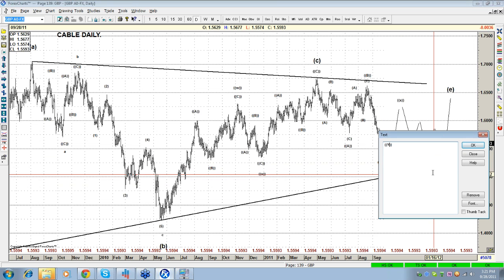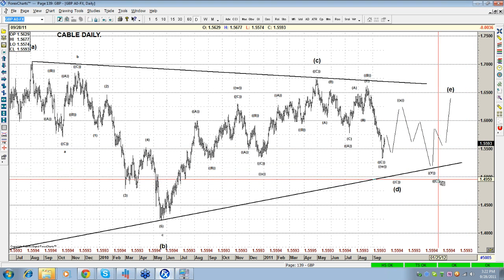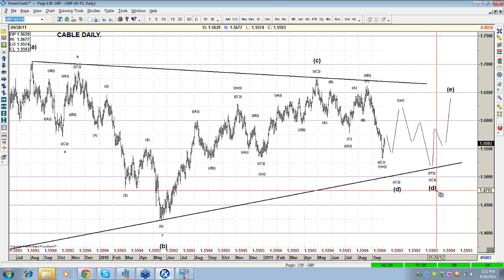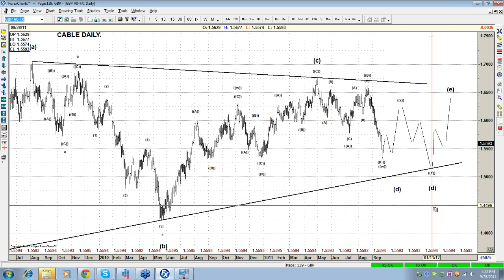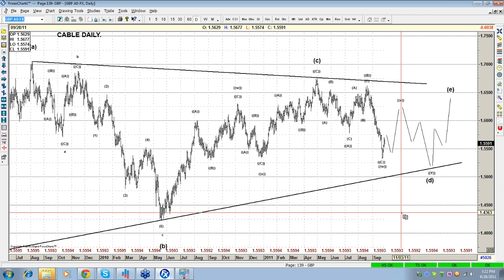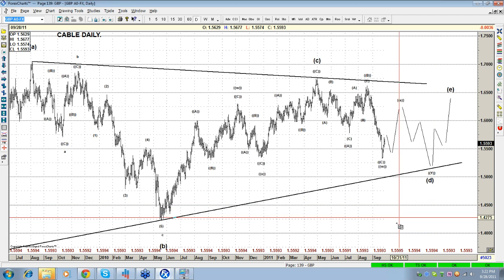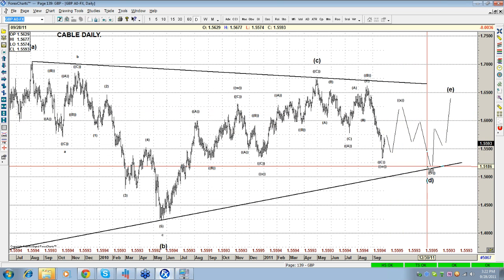Because the euro, in the most logical path that he needs to follow, the euro now needs to trade. Let's be realistic about it. The euro should trade about 139, 140, and it should drop in 3 ways.